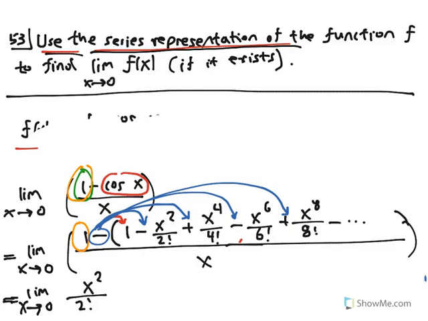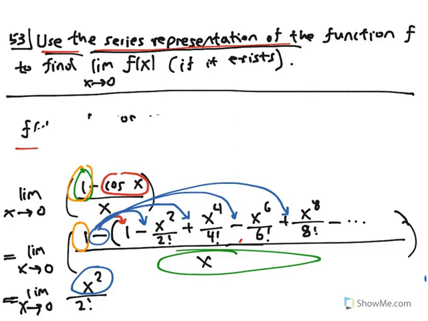But then don't forget, you're dividing each term in the numerator by x in the denominator. Dividing by x is the same as multiplying by the reciprocal of x, which is 1 over x. And what that will do is it will cancel with a factor of x that's in the numerator of each term.